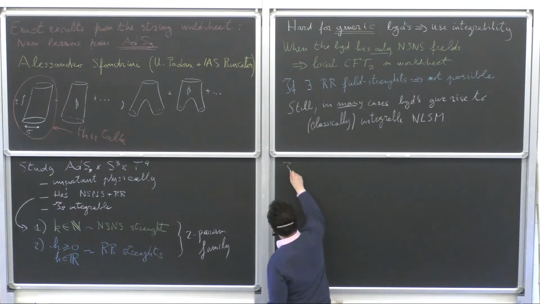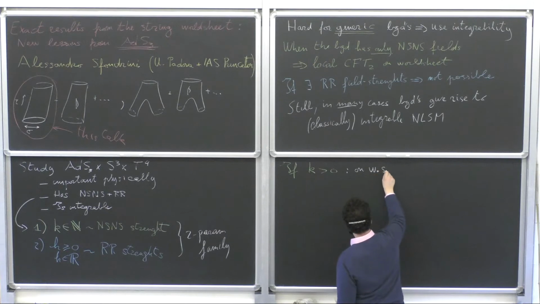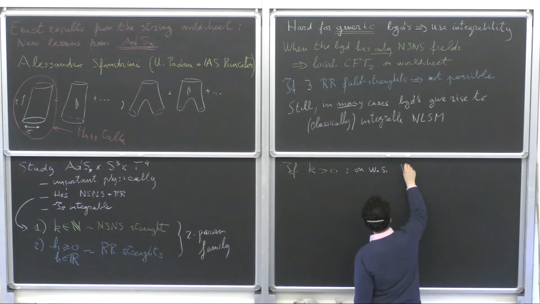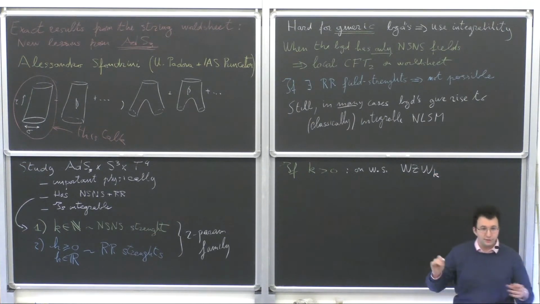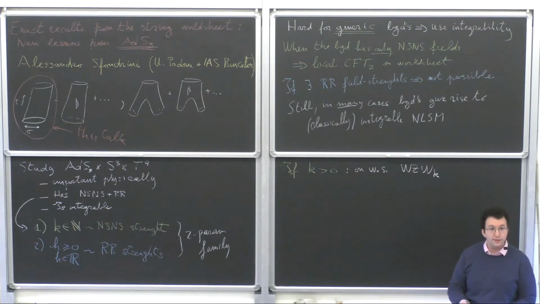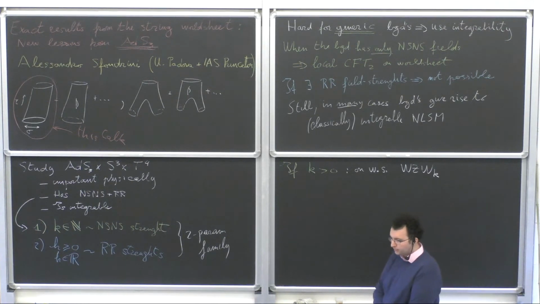So if k is greater than 0, then on the worldsheet, we have a level k Wess-Zumino-Witten model supersymmetrized in some opportune way, and that describes the spectrum of this model, and also other things as well.